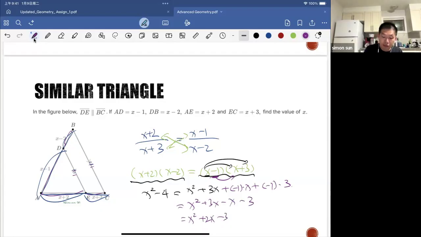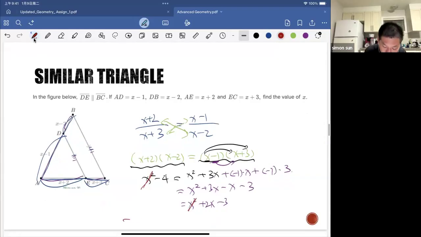For this one, the x squared will cancel. On the left side of the equation you have x squared, and on the right side you also have x squared, so they cancel. And you can add 3 on both sides of the equation.